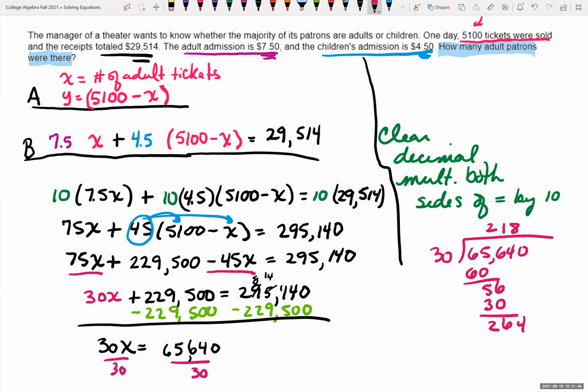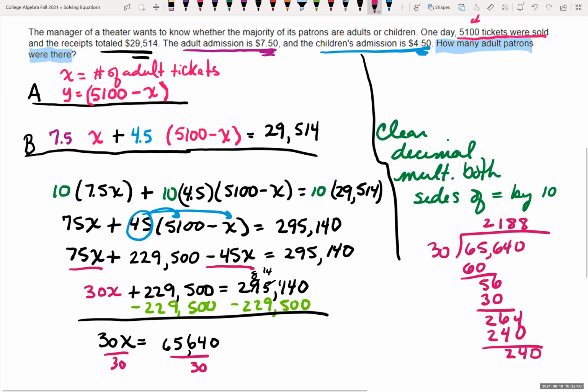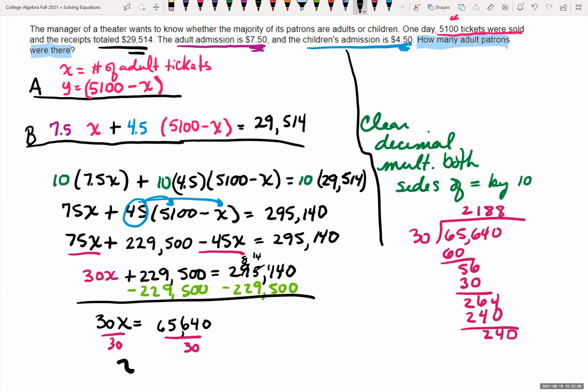So 8 times 30 is 240. 264 minus 240 is 24. Bring down my 0. 30 goes into 240 evenly 8 times. So I get x is equal to 2,188.